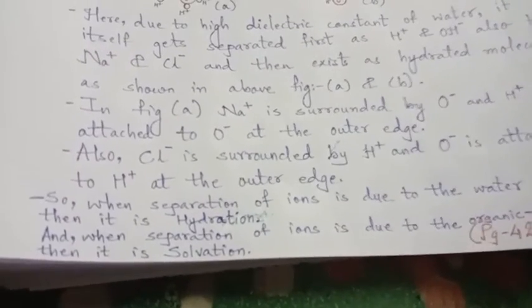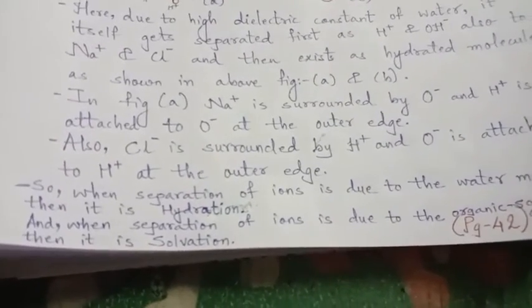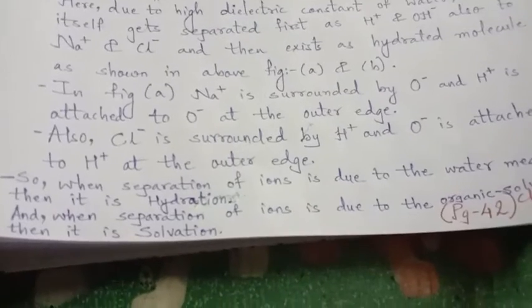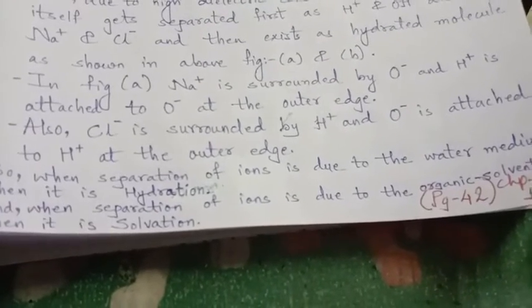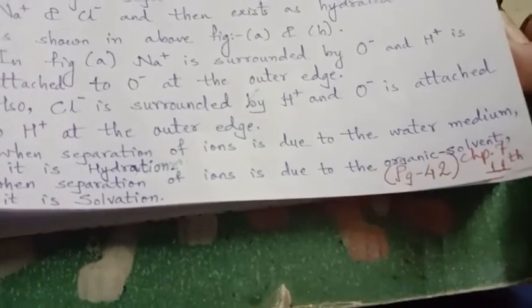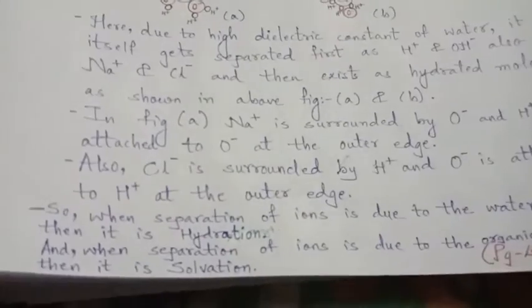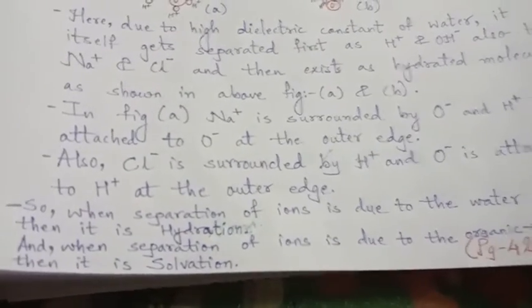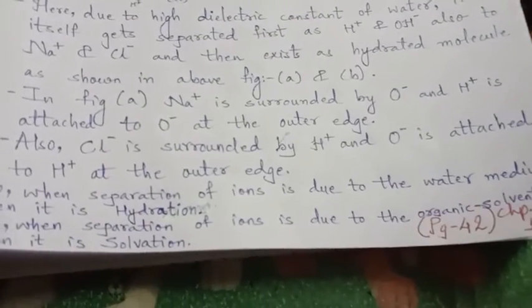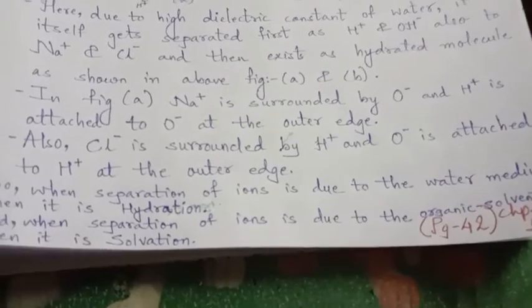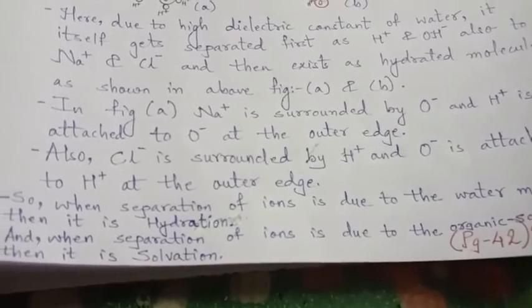So in short, if hydration takes place, we must understand that separation of ions is taking place in the water medium. And if solvation takes place, it means the separation of ions is taking place in some organic solvent like carbon disulfide or another organic compound.